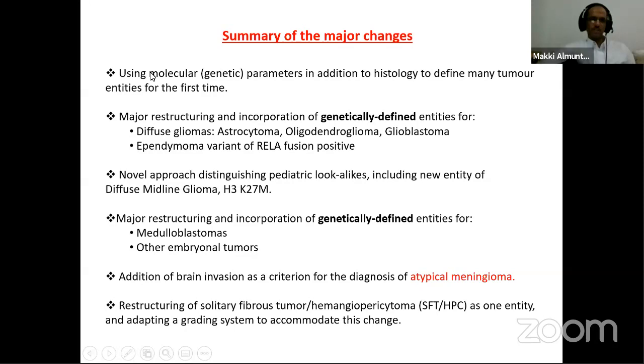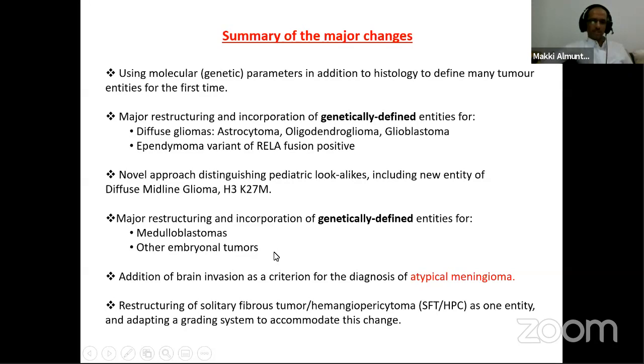What they did basically is using the molecular or genetic parameters in addition to the histopathology of the tumors. Major restructuring and incorporation of genetically defined entities, like diffuse gliomas, including astrocytoma, as I showed you, oligodendroglioma, glioblastoma multiforme, and ependymoma variant, and they added novel names to certain tumors, such as diffuse midline glioma, and genetically defined tumors like medulloblastoma and other embryonal tumors, as I will show you.